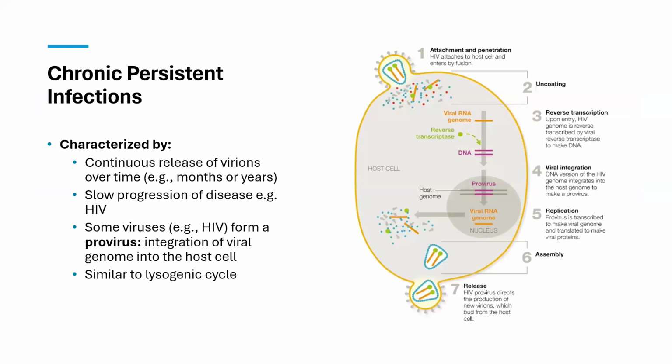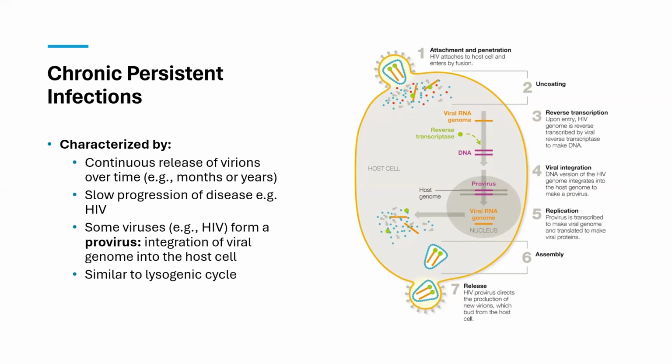Now, chronic persistent infections are a little bit different. This really results in a chronic release of virions, and so it's characterized by a slow progression of disease. Many of the chronic persistent infections, but not all of them, form what's called a provirus.